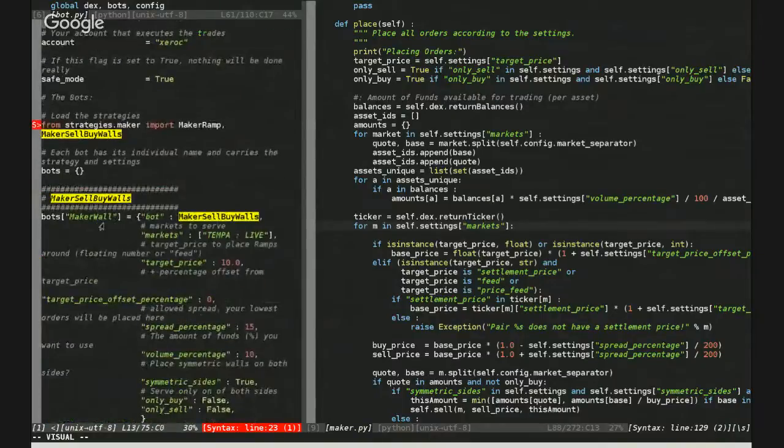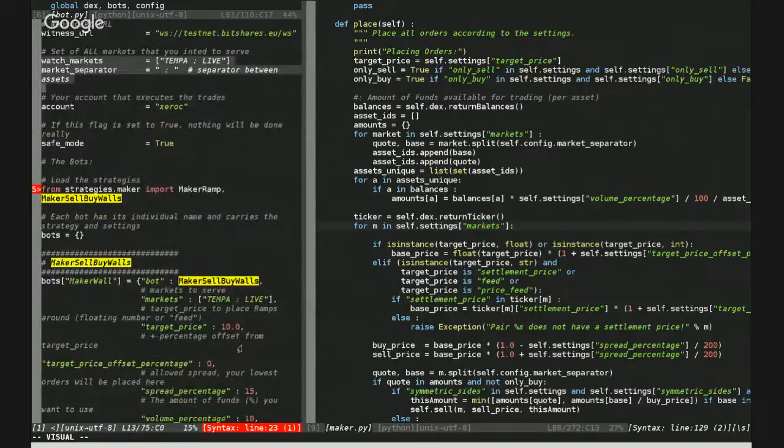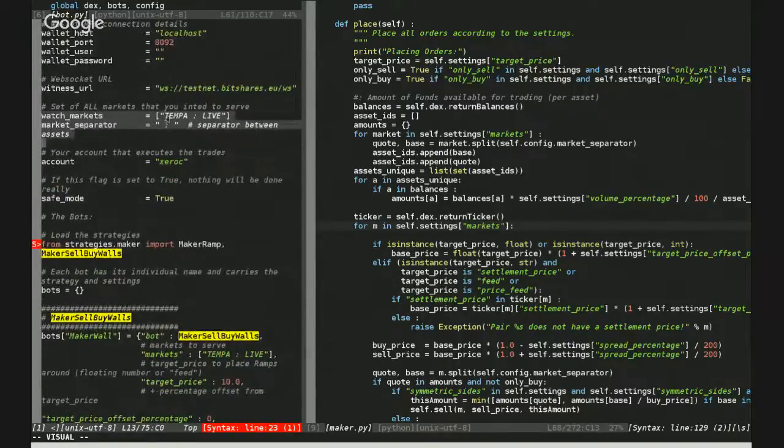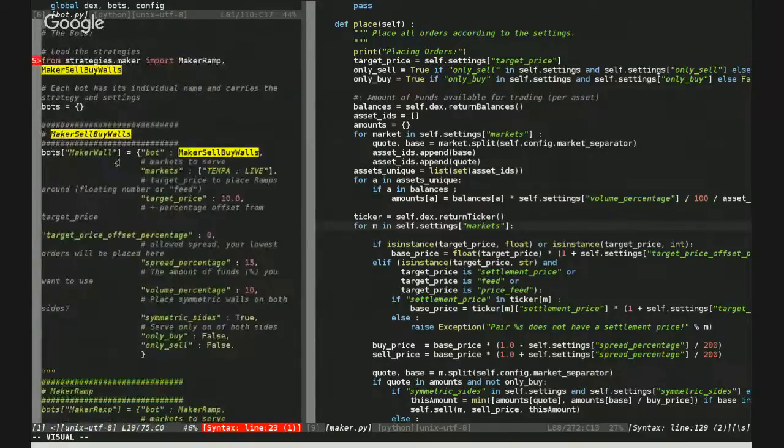However, the bots themselves could deal with different sets of markets. So usually I have all of the markets my bots are interested in, I put into watch markets, and then I can have plenty of different bots with different markets to serve with these parameters, and these are then stored in self-settings markets.